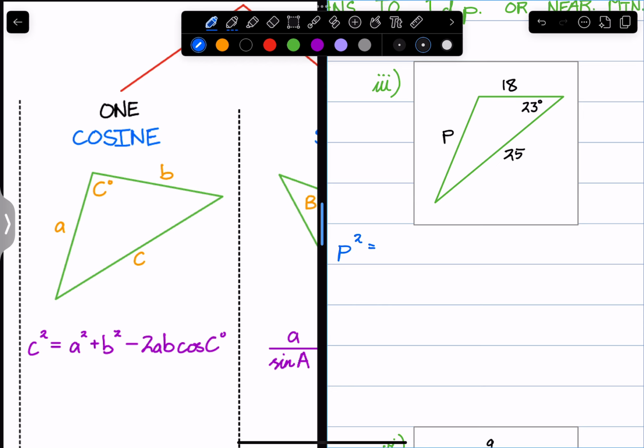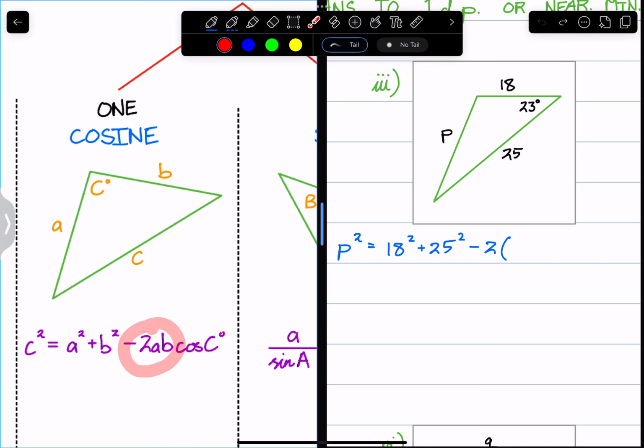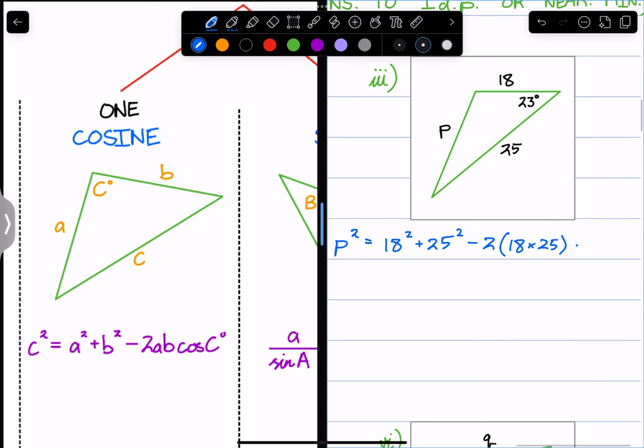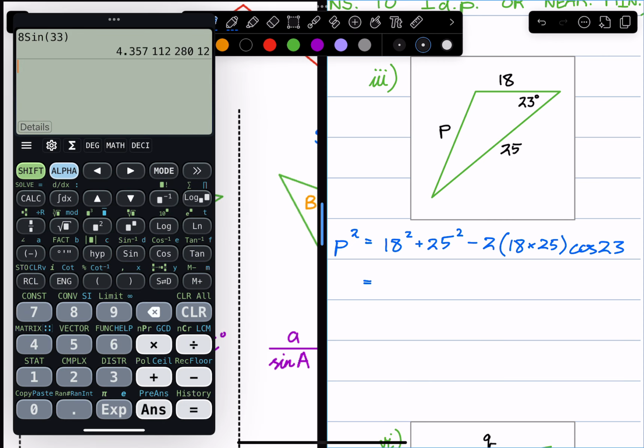So a squared and b squared are 18 squared plus 25 squared, minus 2, following the formula here, minus 2ab. ab is 18 times 25, times cos c, so times cos of 23. Just typing all of that in now.